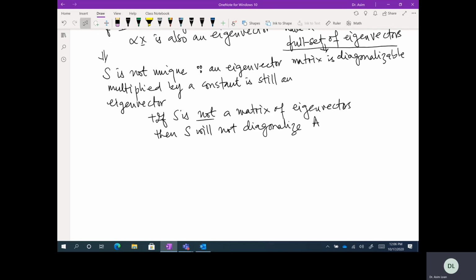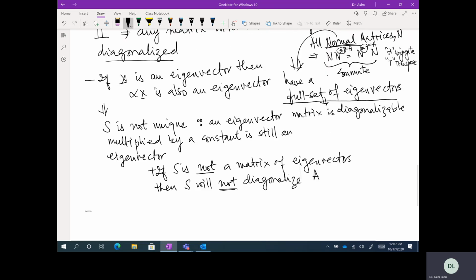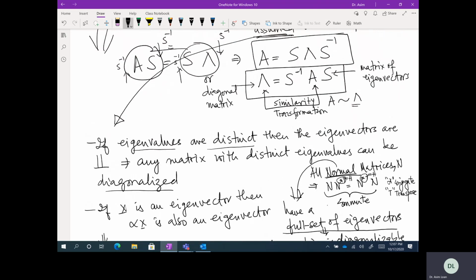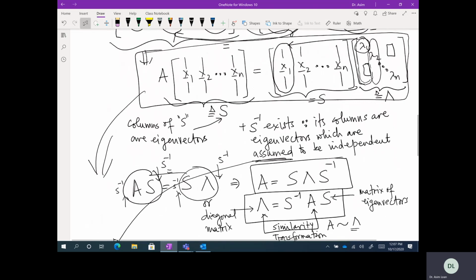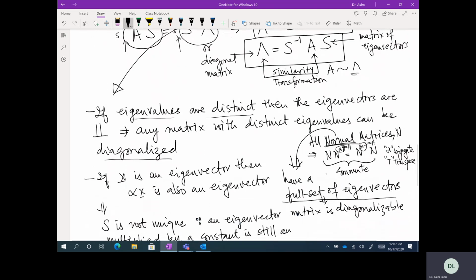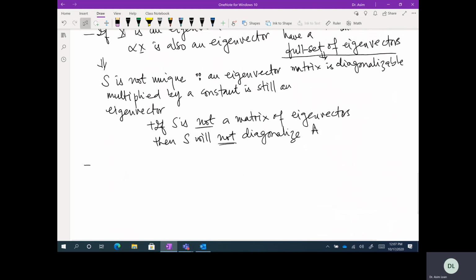Obviously, the thing I've been talking about: what if you do not have a full set of eigenvectors? Then we cannot have the capital lambda, this matrix, possible. If we cannot have this matrix, then obviously we have the Jordan form, and that happens when you do not have a full set of eigenvectors. That's why some matrices are called ill conditioned, or they do not possess independent vectors.